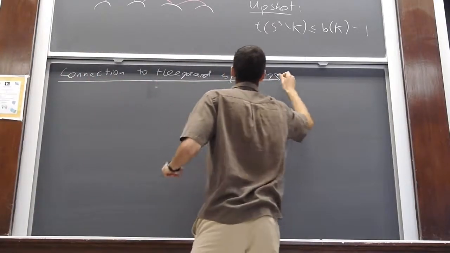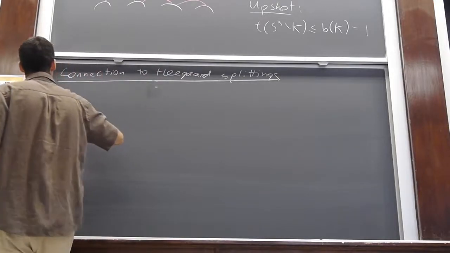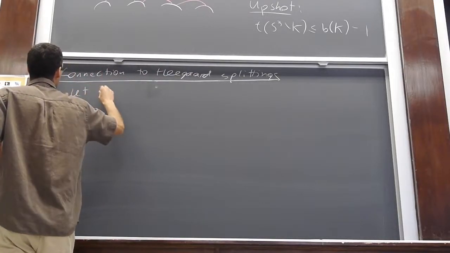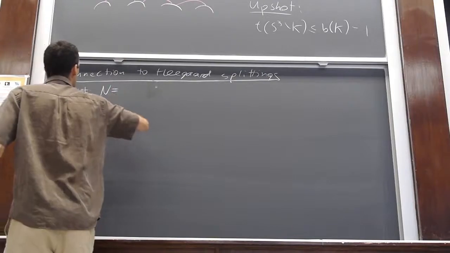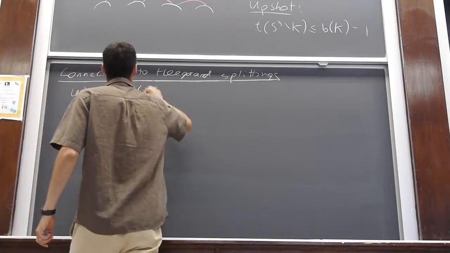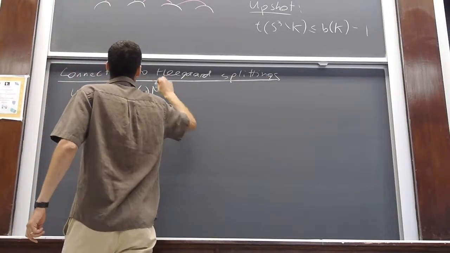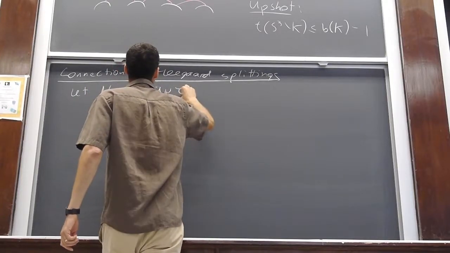Heegaard splitting here in slightly different language. So the way to make it explicit is you let N be a regular neighborhood of the boundary of M union the tunnels.